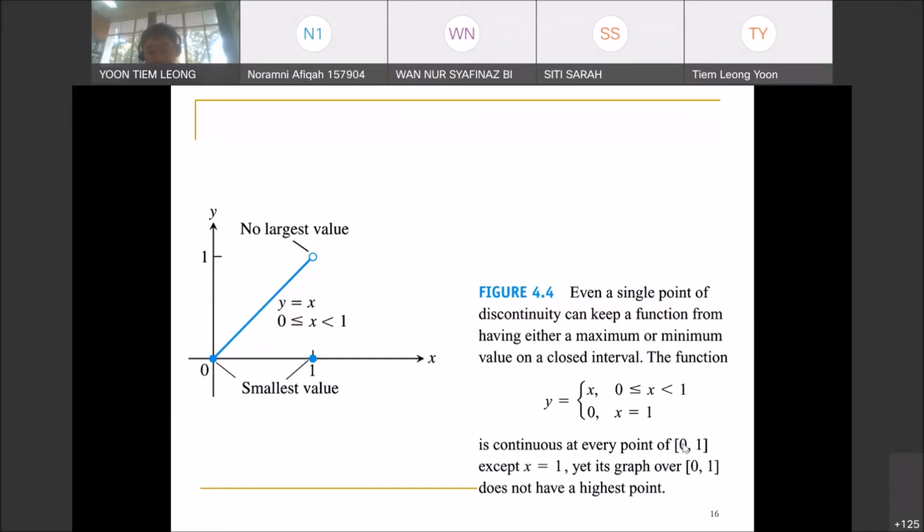Because the statement that it is continuous on a and b is not true. Therefore, you can't apply theorem 1 to obtain the absolute maximum. But this doesn't guarantee either the existence of an absolute minimum as well.